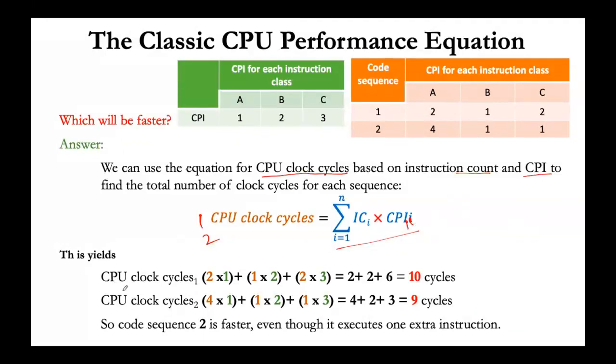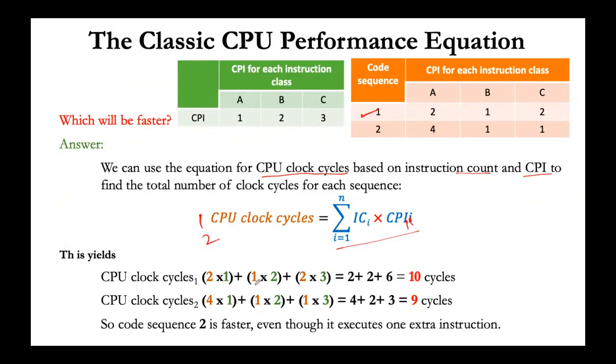The CPU clock cycles for sequence 1, code 1, is given as instruction count multiplied by cycles per instruction.